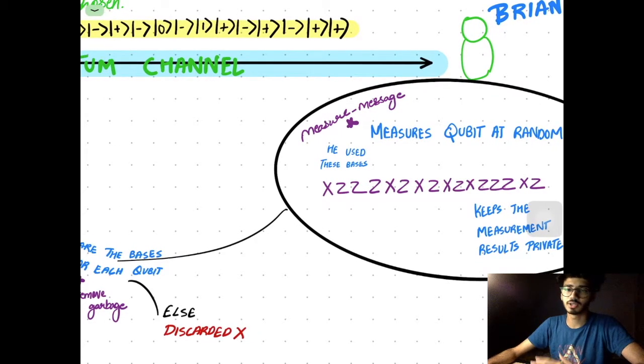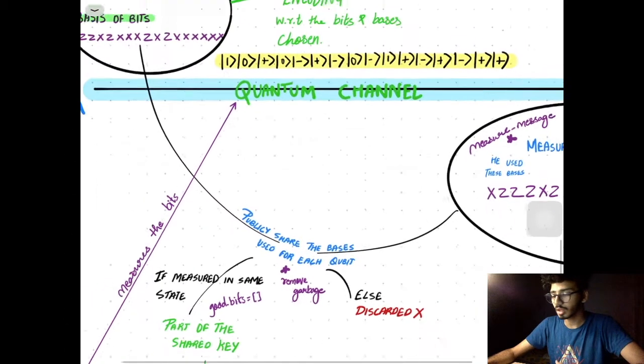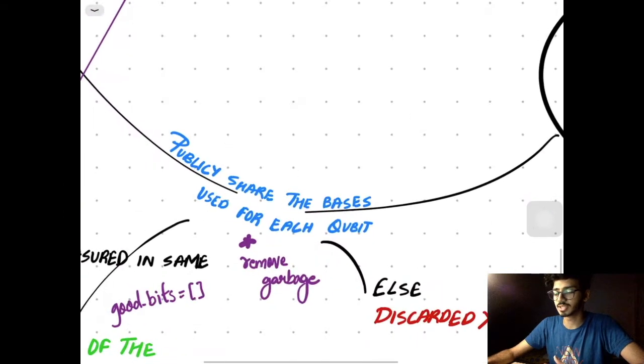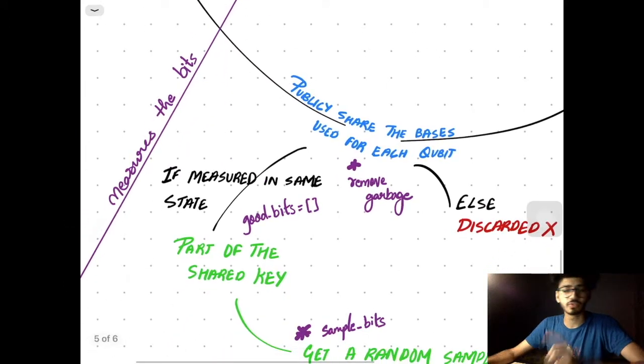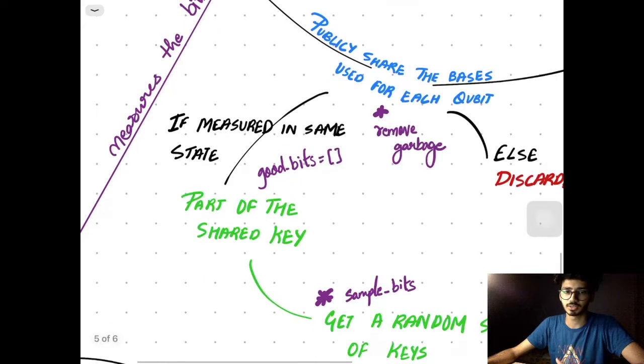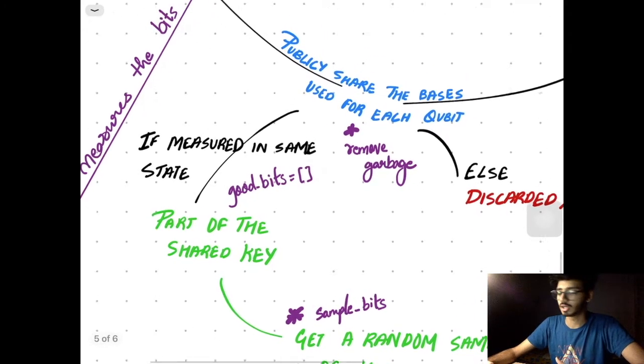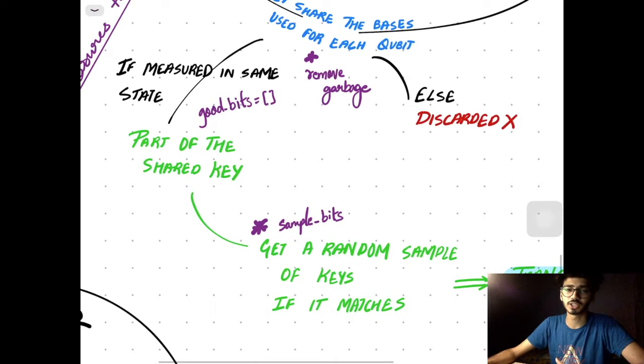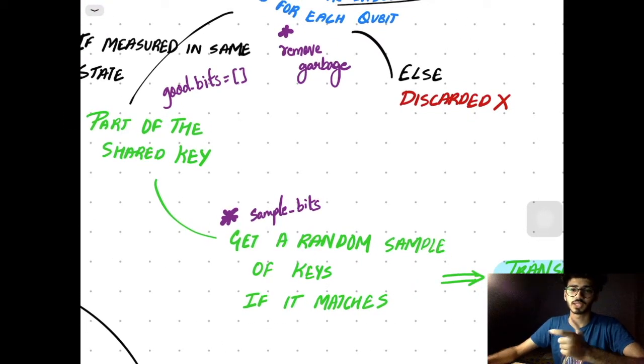He keeps the measurement results private. Now the sender and the receiver both share the bases commonly. If the measured state is the same, part of the shared key is taken as the good bits list, else it is discarded. Now, using the sample bits function, we get a sample of the key generated.